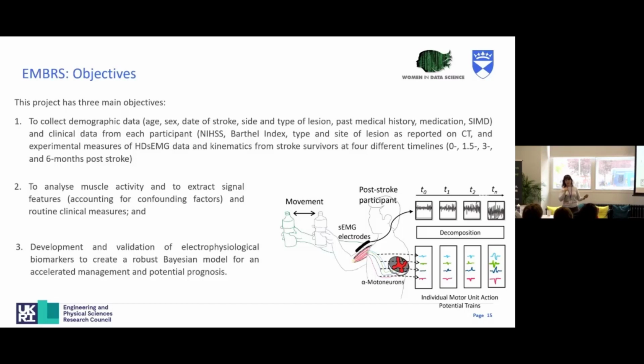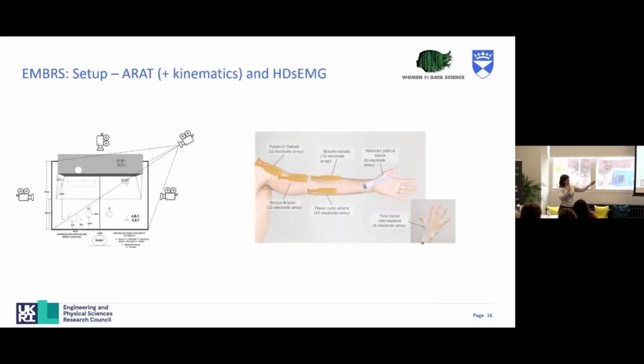There are some biomarkers that have been developed with EEG data, with data from the brain. So I'm going to link them and use them to see if whatever we develop actually correlates. The intention is to use a Bayesian model with all the data in it. This is just how the array would look. The ARAT is the Action Research Arm Test.